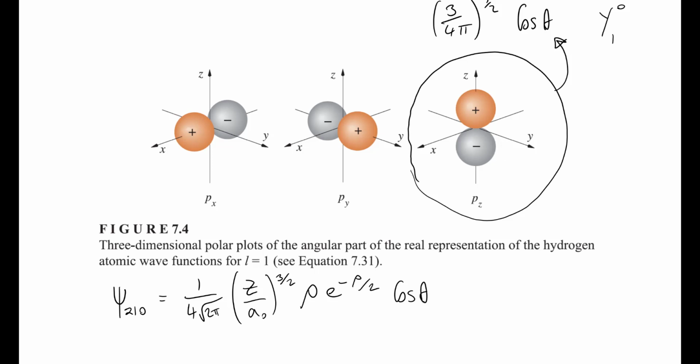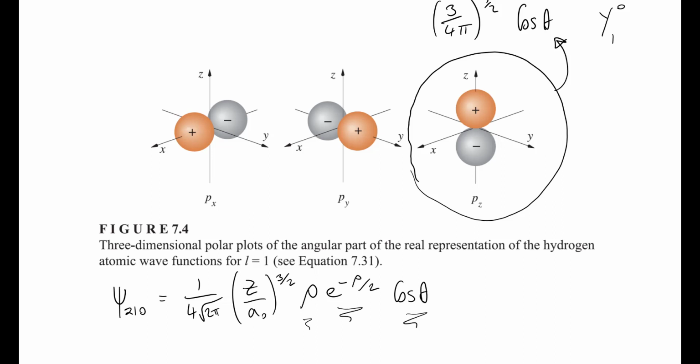So we'll see, of course, that we have this exponential decay piece, and we have this polynomial term in here that get multiplied by the cosine theta spherical harmonic, the function associated with the angles theta and phi. In this case, it's just theta.